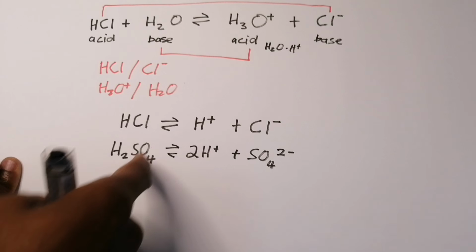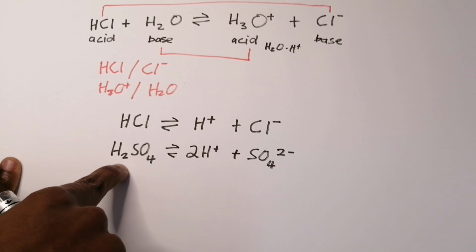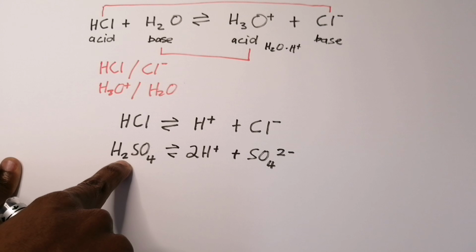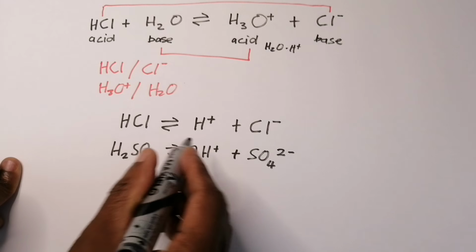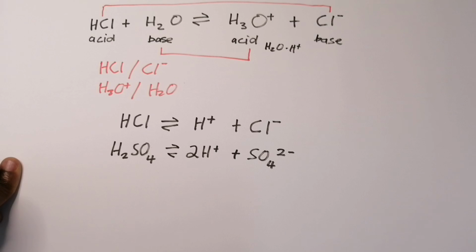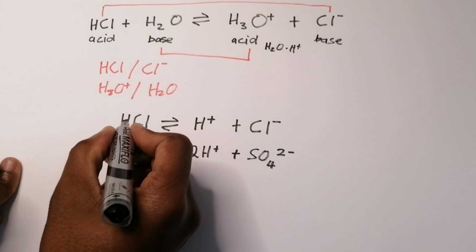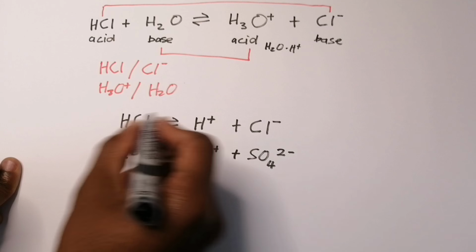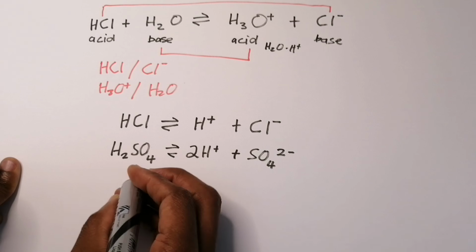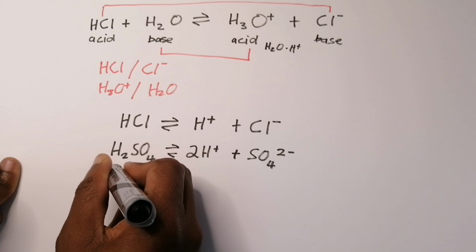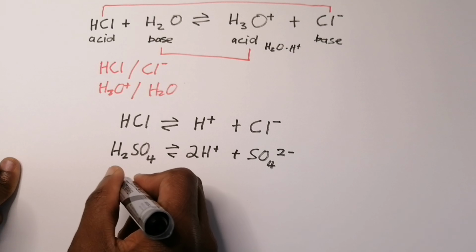It means if I have any amount of sulfuric acid, or if I know the concentration of it, the concentration of my hydronium ions will be twice as much. Okay, right, and that becomes very important. Of course, we say this is a monoprotic acid. It's able to just give 1 hydronium ion, and this is a diprotic acid. Of course, we do have other acids like phosphoric acid.